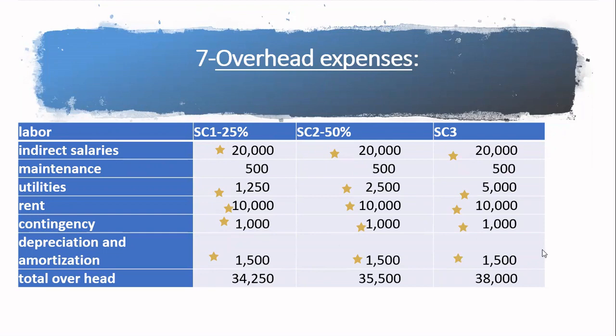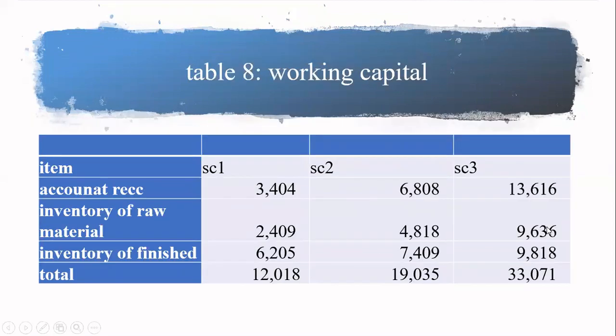This is the most important part, the overhead expenses, because with this amount of overhead expenses we can make the calculation for the total project investment. After that, this project requires accounts receivable. The account receivable is one of the most important items, because it means I'm giving people the product and not collecting all of it as cash. For simplicity, the average collection period here is 1 month for this project.